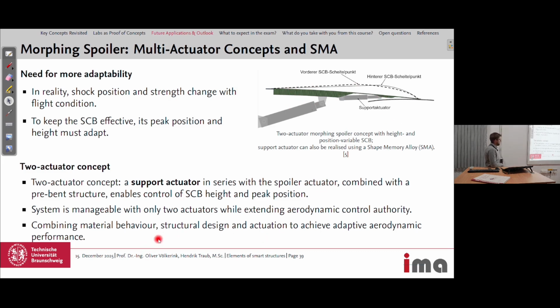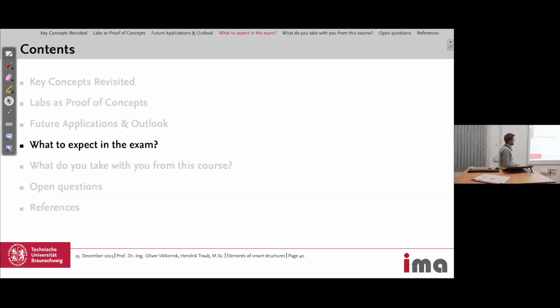So by combining material behavior, structural design, and actuation, you can generate a smart structure for increasing aerodynamic performance. These were the future application examples I brought to give you an impression of current research on smart structures.